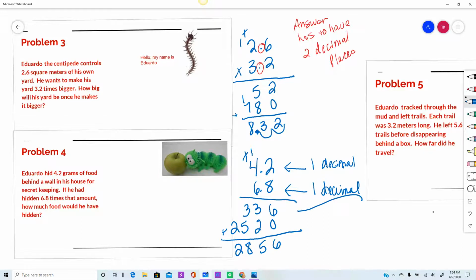So I have to have a total of 2 decimal places in my answer. 1, 2. He would have hidden 28 56/100. So let's just think about, is that reasonable? If I just look at the 4 and the 6, 4 times 6 is 24, and I'm multiplying more than 4 and more than 6. So yes, my answer makes sense at 28 and 56 hundredths.